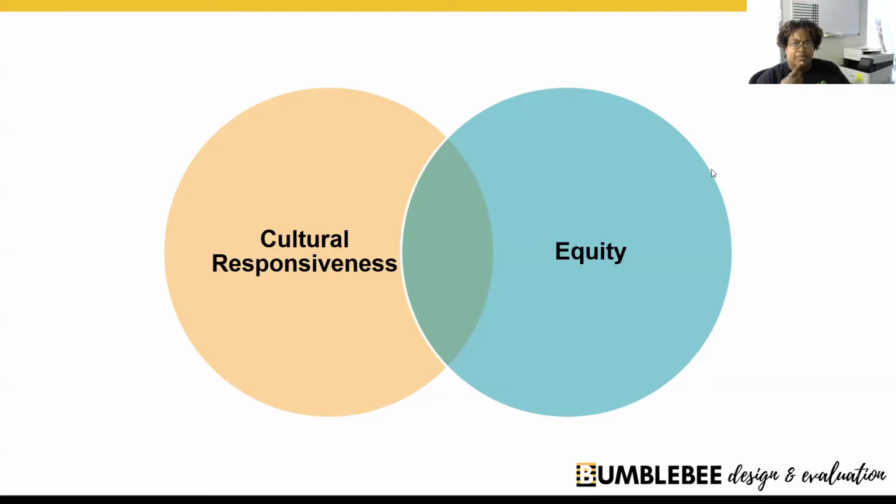For example, am I gathering data that might even accidentally make community members vulnerable to being picked up by ICE? And so it goes beyond ensuring that a group is represented, to ensuring that the process and outcomes are aiming to dismantle or challenge the structures that create inequity.